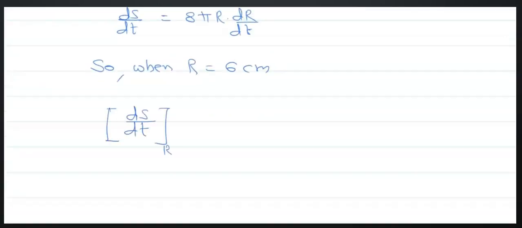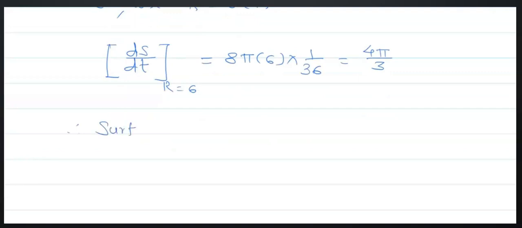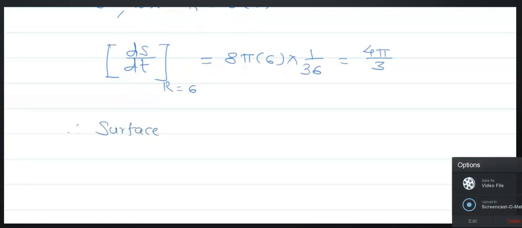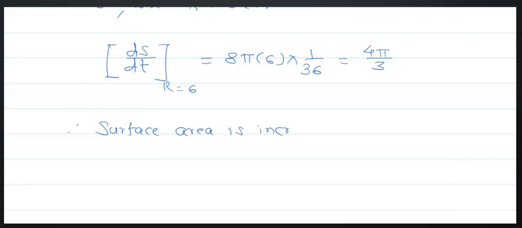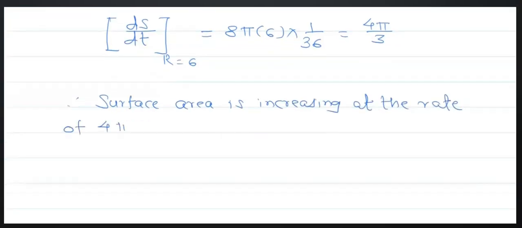So when r is equal to 6, dS upon dt is 8 pi times 6 into 1 upon 36. That is equal to 4 pi upon 3. Therefore, the surface area is increasing at the rate of 4 pi upon 3 centimeter square per second.